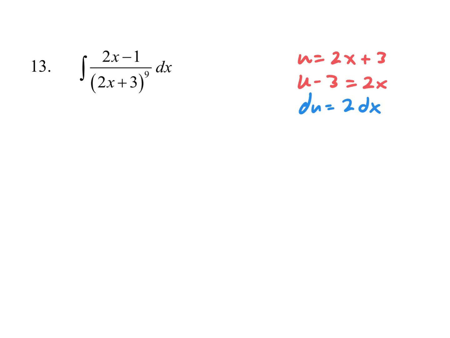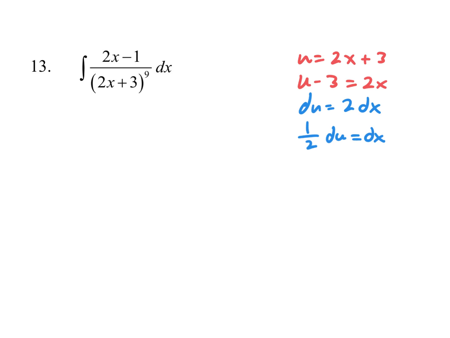Okay, so now we have a little bit of an issue, right? Because I'm already going to substitute in for the 2x. So what I need to do is get the 2 to the other side so that I have just dx by itself. And so what ends up happening is I'm going to substitute 1/2 du in for this dx. Now we're set up, we've got everything done. And it's just a matter of plugging stuff in and finishing it up, okay?